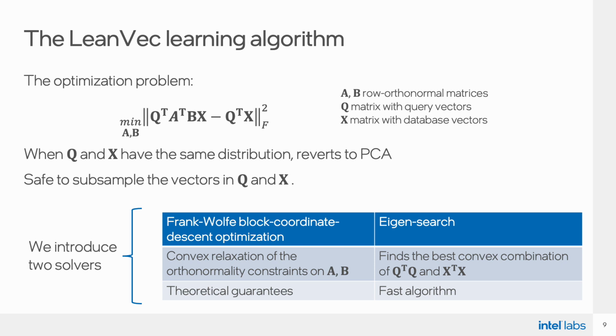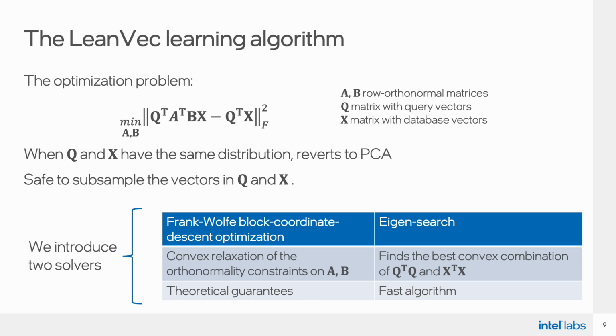We have introduced two solvers to optimize this problem. One is based on a Frank-Wolfe block coordinate descent algorithm, and it relies on a convex relaxation of the orthonormality constraints on A and B, and it comes with theoretical convergence guarantees.